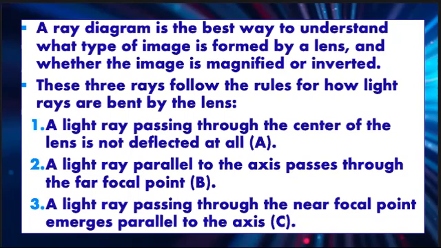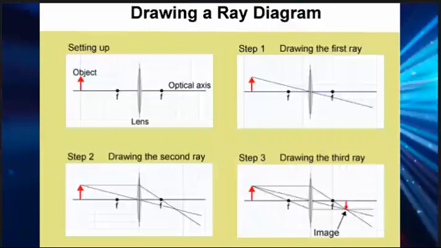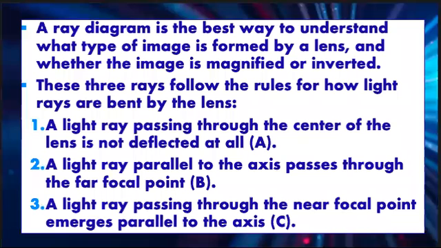A light ray passing through the center of the lens is not deflected at all. So what do you mean by that? Here is an example. A light ray passing through the center is not deflected at all. Pardon my line, it's not that straight. So that's rule number one.